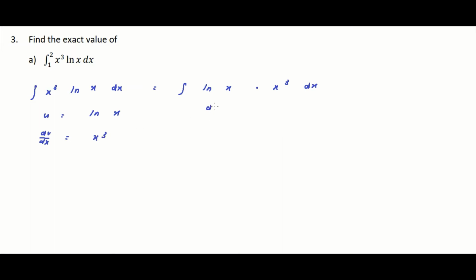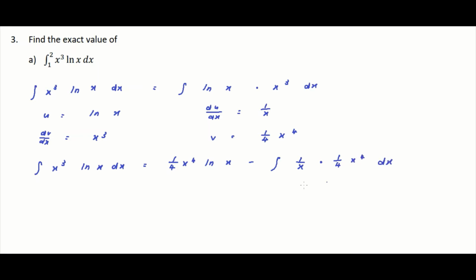So du/dx will give you 1 over x, and v will give you 1 over 4 x to the power 4. So you can continue: x cubed ln x dx. So u multiplied by v, you get 1 over 4 x to the 4 ln x, minus 1 over x multiplied with 1 over 4 x to the power 4.